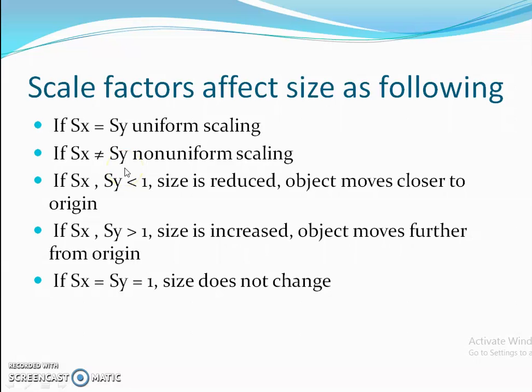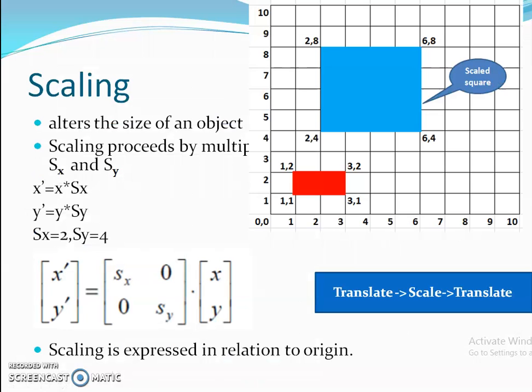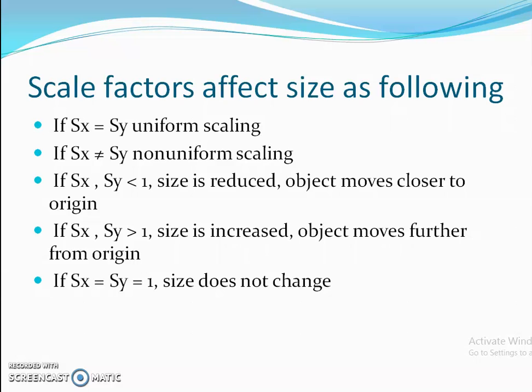In our example, my Sx value is not equal to Sy, that's why I got this type of scaling, where the rectangle becomes a square. Whenever we have the same value, that's called uniform scaling. When the values are not the same, that is called non-uniform scaling.